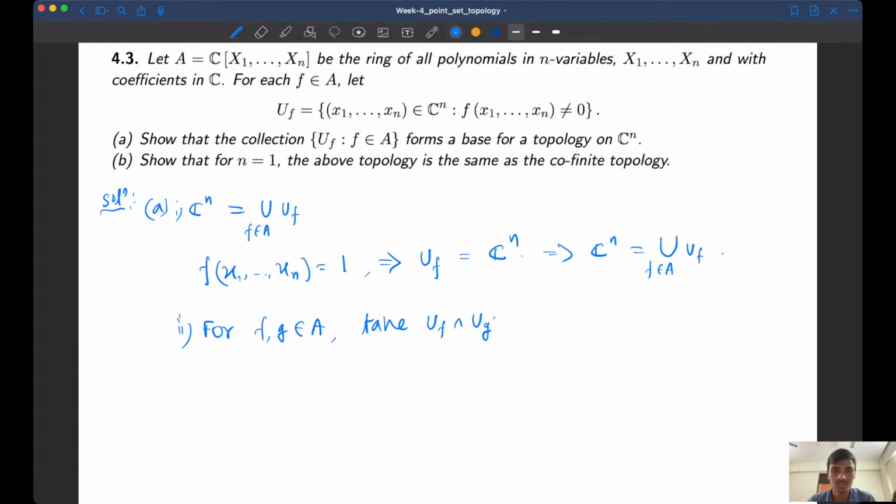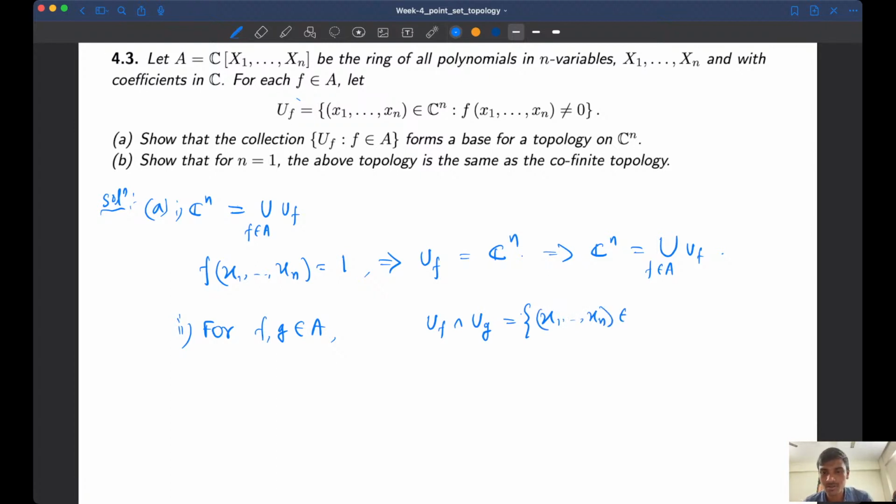Now can you say something about this UF intersection UG directly? I think by taking the common factors, something like that. Yeah. This thing is all points x1 through xn such that the intersection means both f and g are non-zero there.